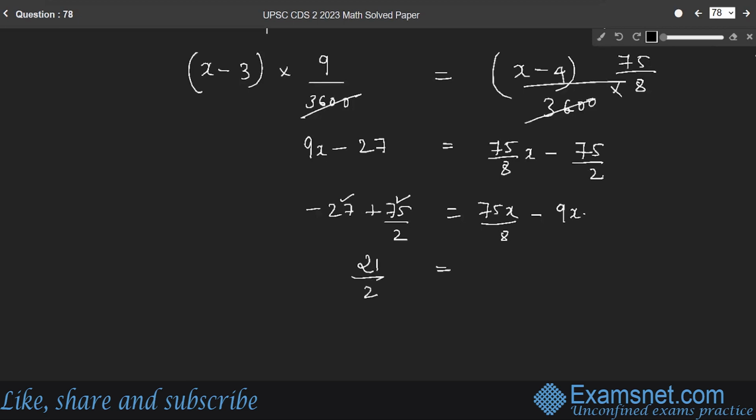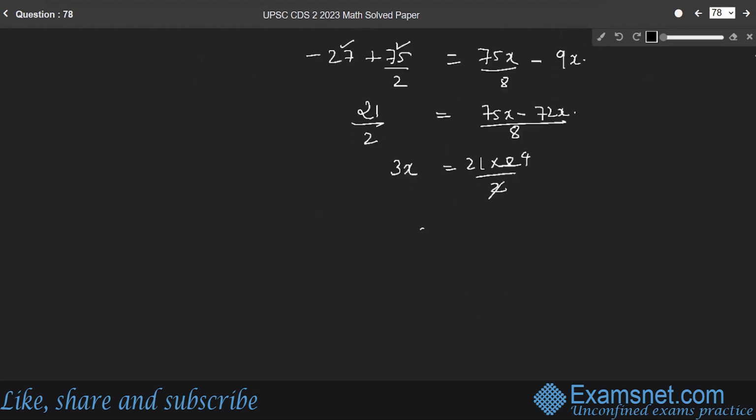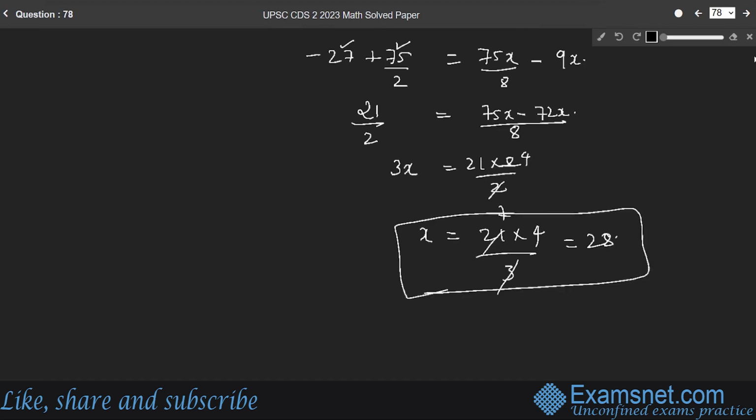Since 8 is the LCM, this equals 75x minus 72x over 8. Therefore, 3x is equal to 21 into 8 by 2, and x is equal to 21 into 4 by 3, which is 28. The value of x is 28.